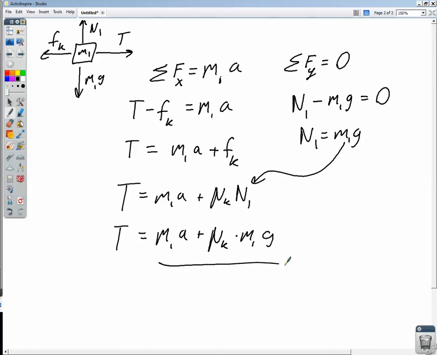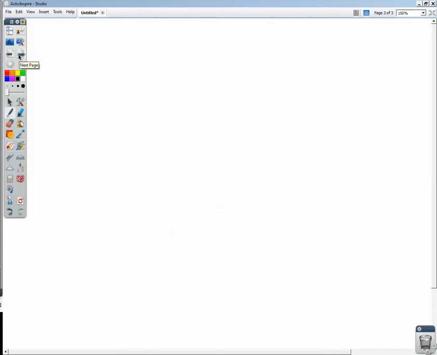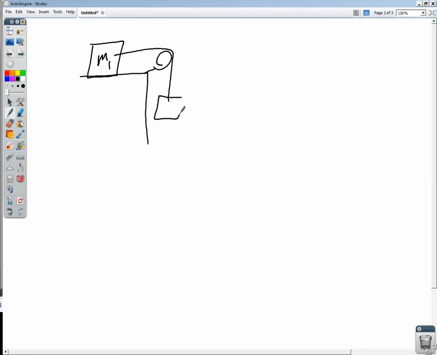All right, that's about it. We've got other situations that you're going to see, especially on the homework. You can have this kind of thing right here, where there's friction between this block, call him M1, and he's connected by a string to M2. Obviously, no friction there. And when we draw the free body diagram for this system, again, in these cases, we've got to define our positive direction.